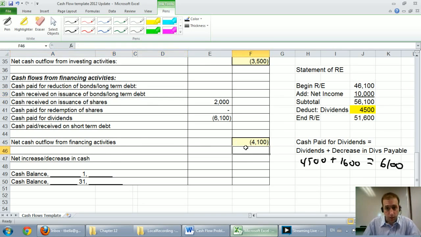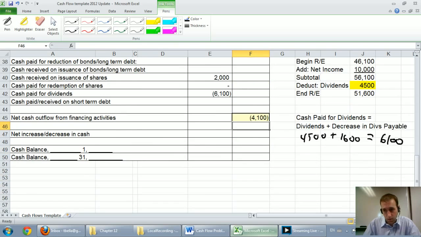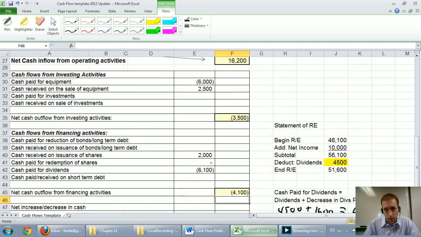Now the final thing we want to know is, did our cash go up or down? And how might I know that? Well, I could look at the balance sheet for cash, but that's not what I want to do. I want to say, okay, our operations generated $16,200 in cash. Our investing activities, we spent $3,500 net on equipment. Our financing activities, we paid $4,100 out the door.